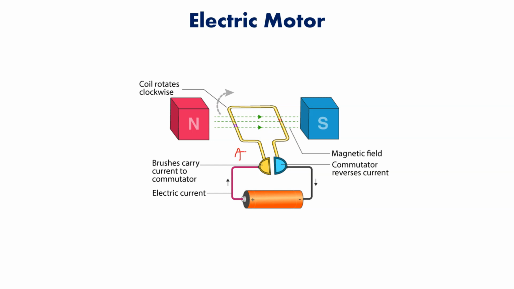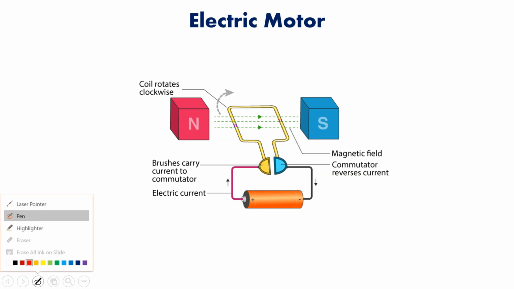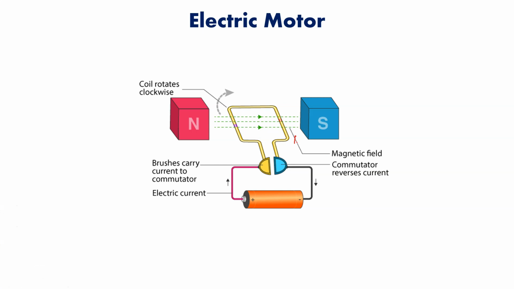Suppose we have A, B, C, D. As the coil slowly starts moving forward, if it makes a half turn or a 180-degree turn, then we would have A over here, B over here, C over here, and D over here.